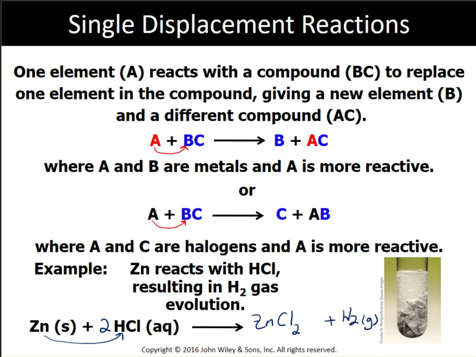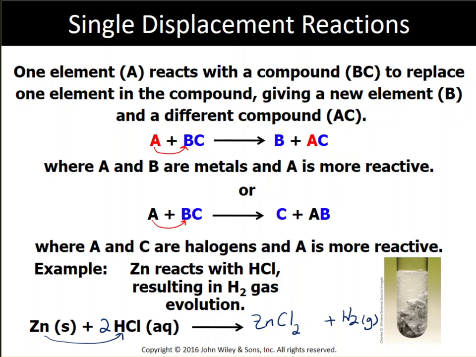So how do we know if zinc chloride is soluble in water or not? For this, you're going to have to look at the solubility table. On the back of your periodic tables, or the periodic table that's already posted, you have a solubility table.